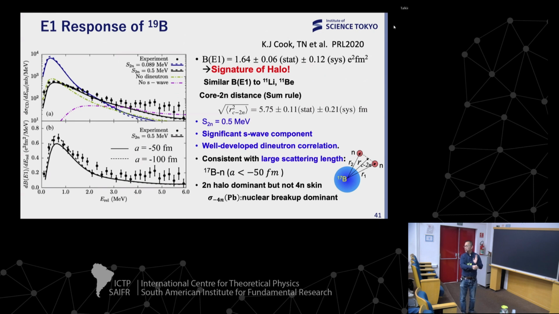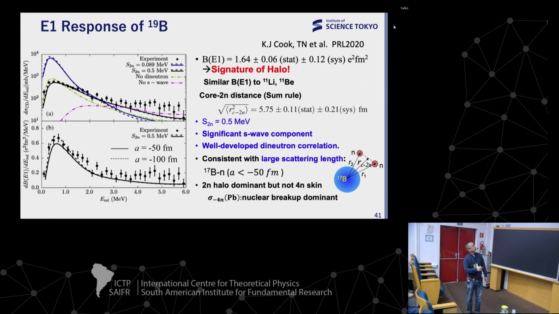First of all, the adopted 2 neutron separation energy is 0.089 MeV, or 89 keV or something. But this cannot reproduce our data at all. Okay, so we just changed the separation energy a little bit higher to 0.5 MeV, and then we got a very nice consistency like this.